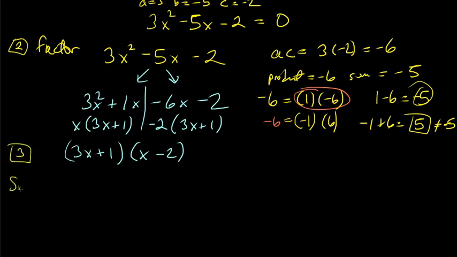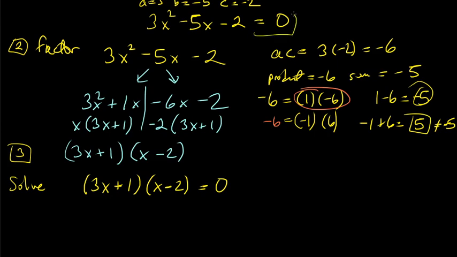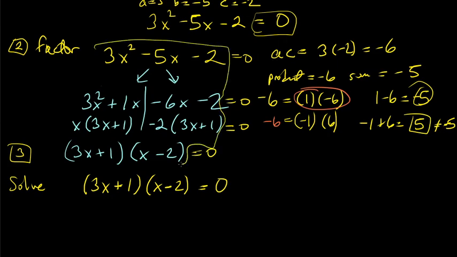Step 3 is to solve the corresponding equation. 3x plus 1 times x minus 2 equals 0. Right? Again, that equals 0. If you keep forgetting, then just keep writing equals 0. I always kind of omit that because I'm concentrating on the factoring part here rather than the equals 0.